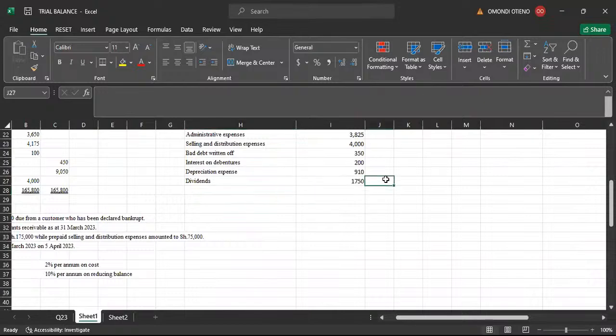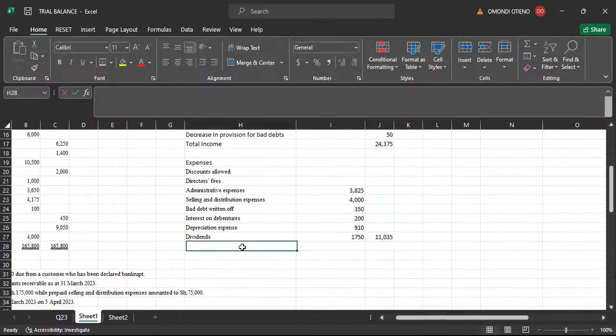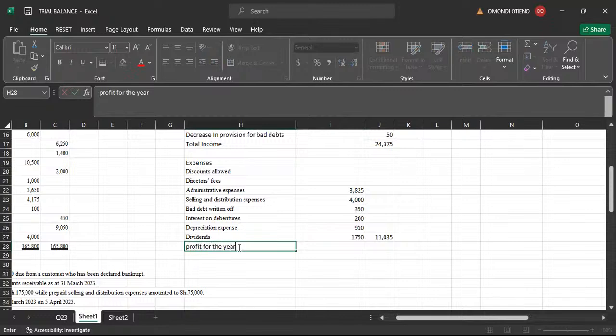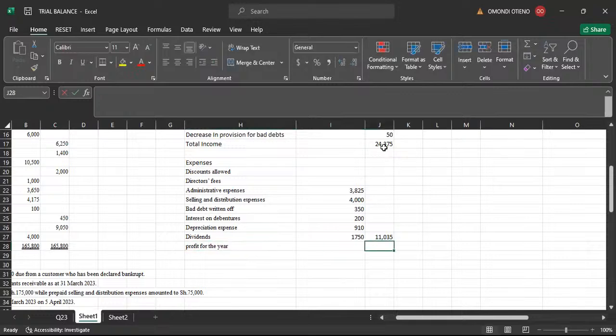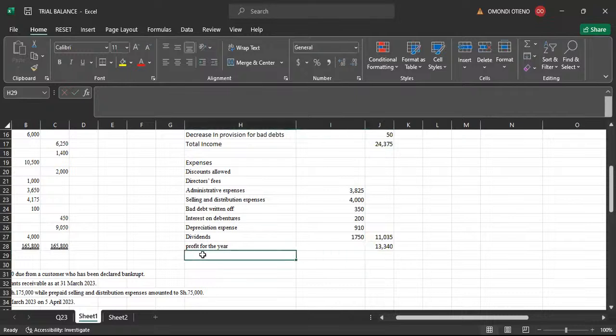So the total expenses will be these ones here. And then we get profit for the year. Profit for the year is the difference between total income less the expenses.